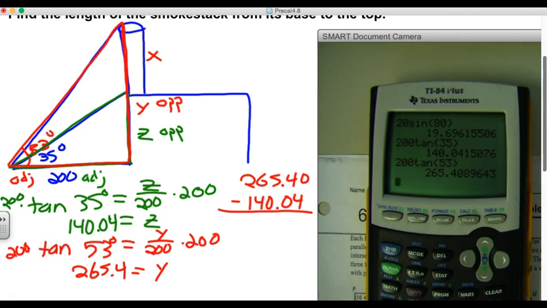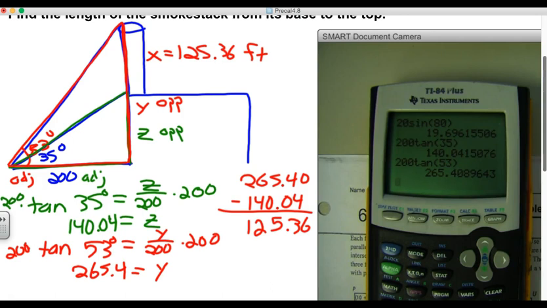You subtract those, and you should get 125.36. Okay, so the height of the smokestack X is about 125.36 feet. That's how tall it is. All right, so that's a way to measure the height of the smokestack without having to go up there and climb it and actually measure it directly. You can use indirect measurement like this to figure out how tall it is.